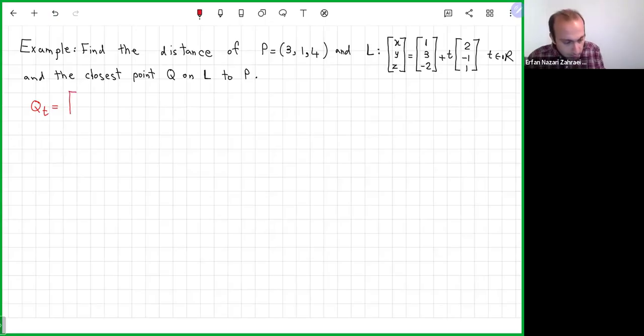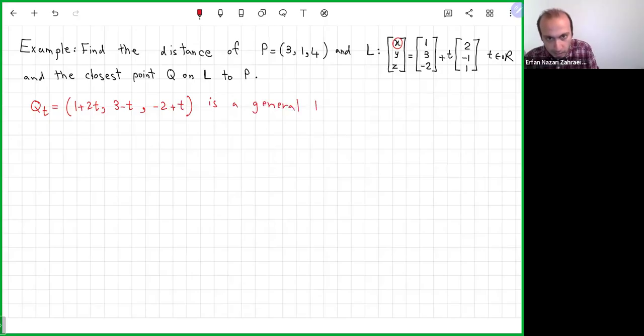It is the point which has x coordinate 1 plus 2t, y coordinate is 3 minus t, and z coordinate is negative 2 plus t. This is a general point on the line.